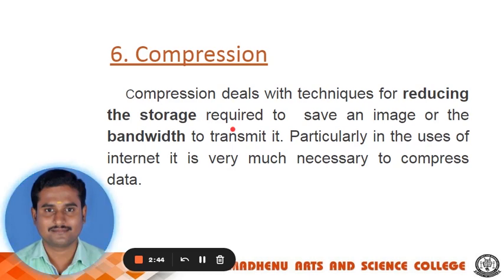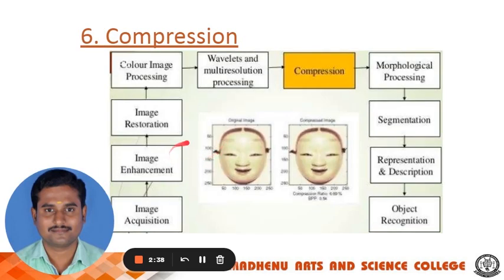So you have to reduce the picture size and transmit it on the internet. Here compression techniques were used. This is the original image which has high bandwidth, and this is a compressed image. The bandwidth of the image is reduced so that it consumes less memory space on your system.